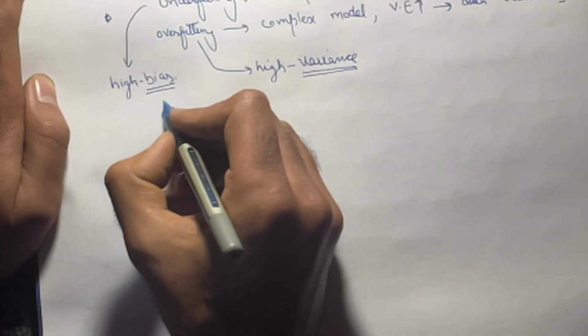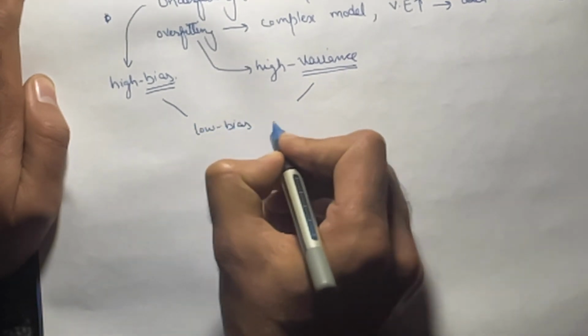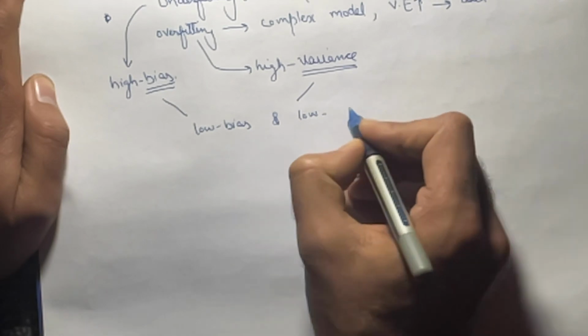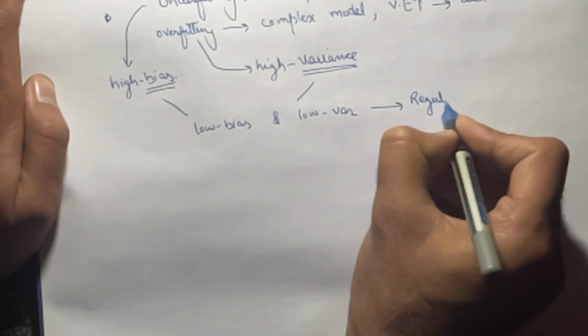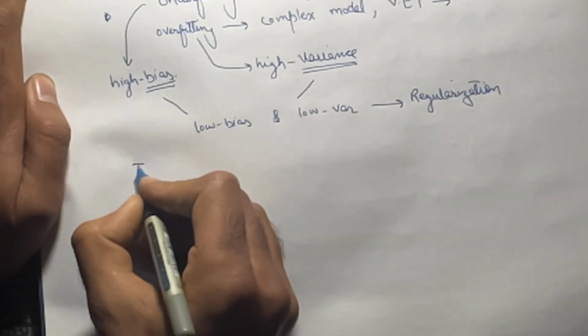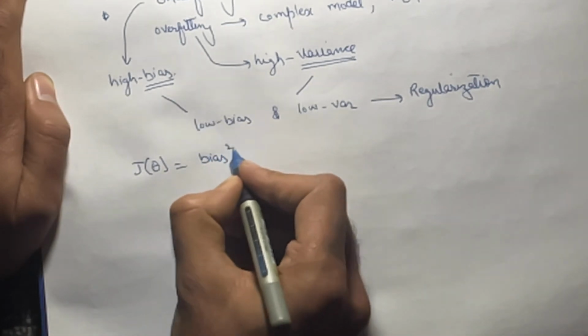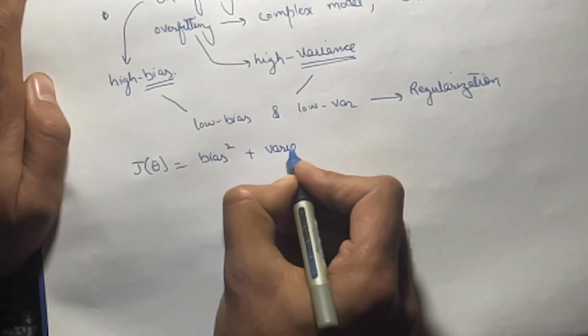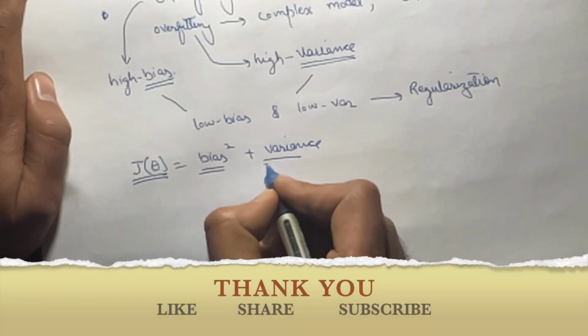Okay, and our aim is to have low bias and low variance. That is done using regularization. And we have also understood that our j theta is equal to bias square plus variance. So our error has both the parts, the bias part and the variance part.